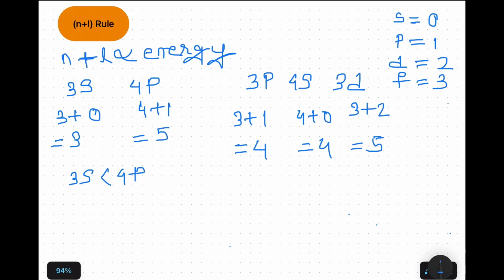So here you can see one change, that for 3p and 4s the value of N plus L are same. For both it's 4. So if the value is same for two subcells, then you have to look at the value of principal quantum number, means the value of N. The value of N is less in 3p than 4s. So the 3p subcell will fill first, then 4s.